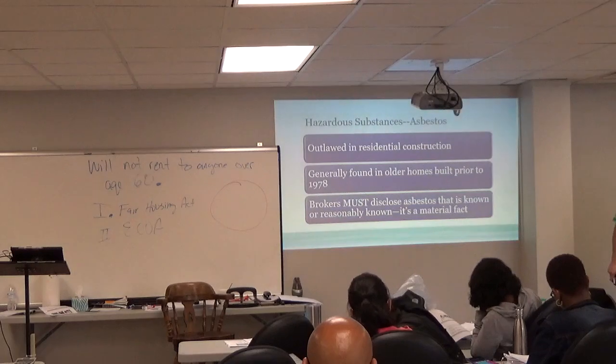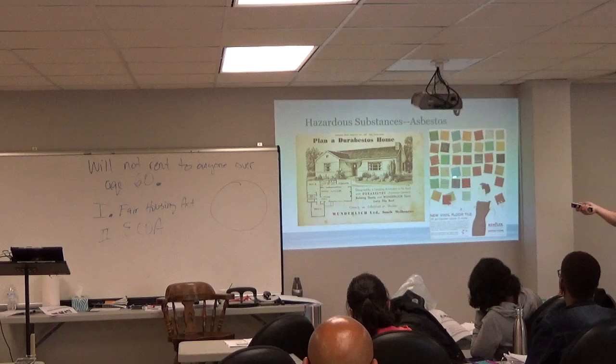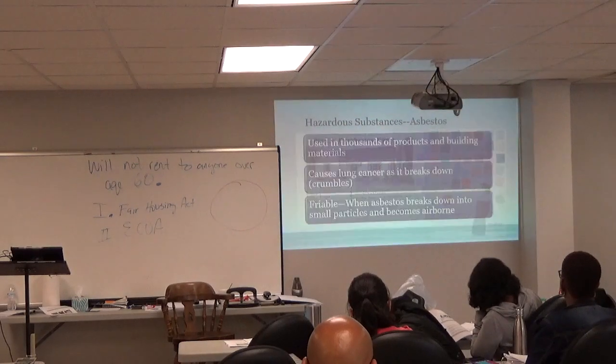If we know, or reasonably should have known, that there's asbestos in the property, it is a material fact. So like, for example, I'll go back to this picture. If we see this tile on the floor in a property, should we be disclosing that there's asbestos in the property? Yes, because we very reasonably know that there is asbestos.